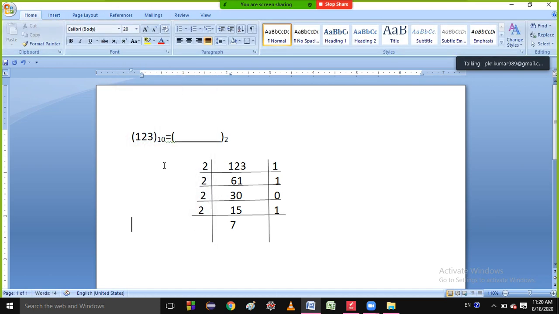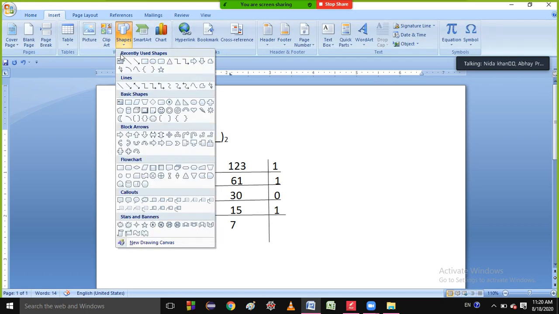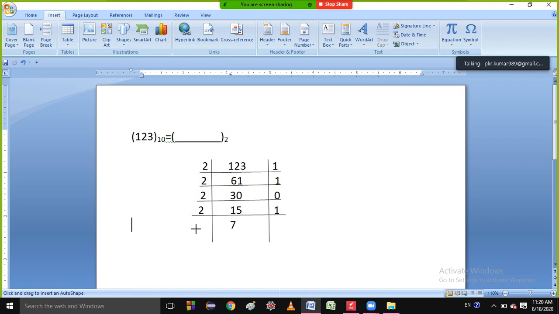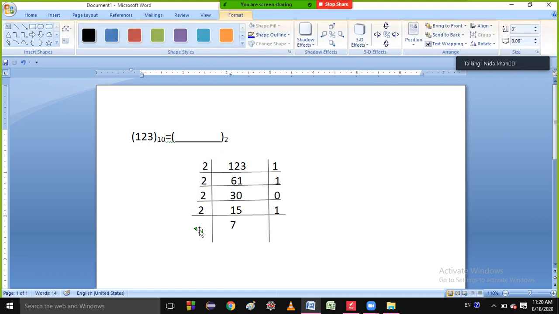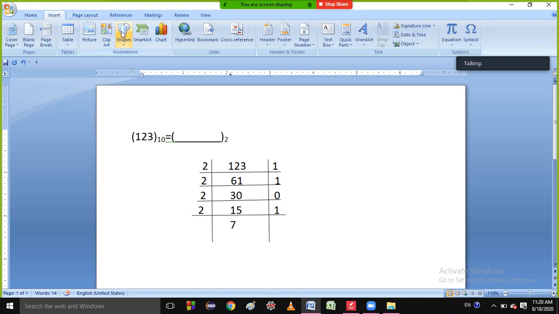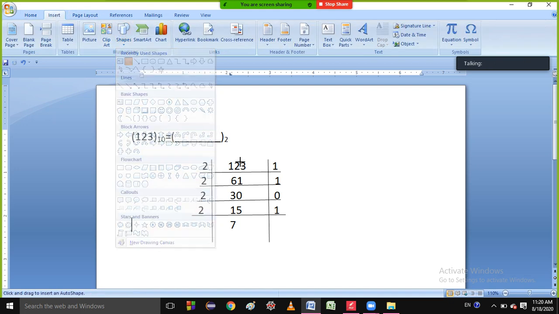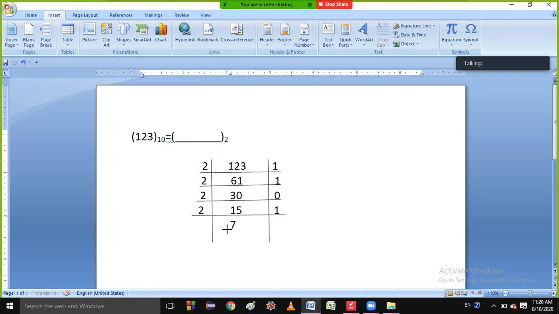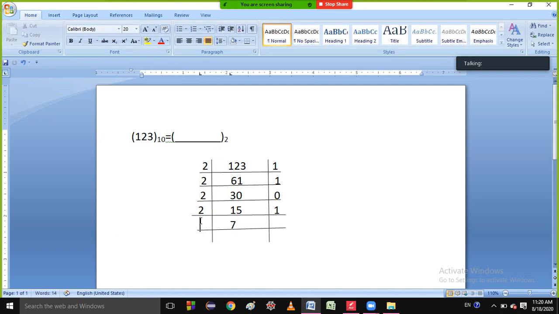Then again, students, you will divide this 7 by 2. Again, you divide it by 2. So how many times does it go?